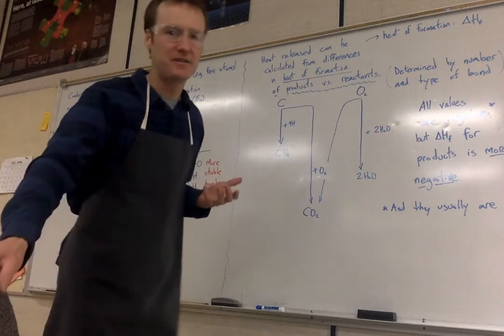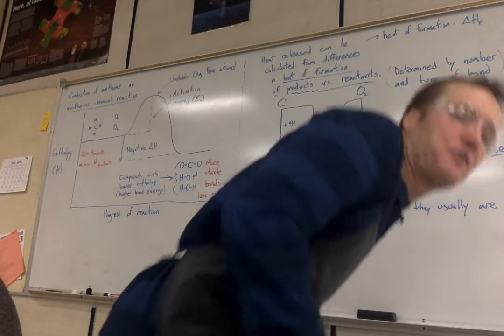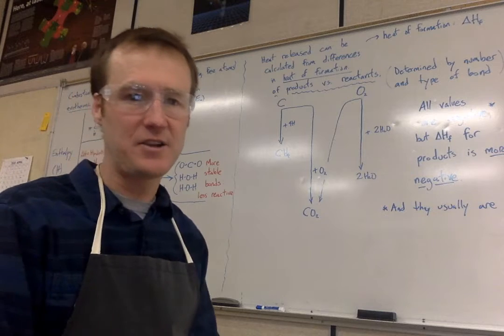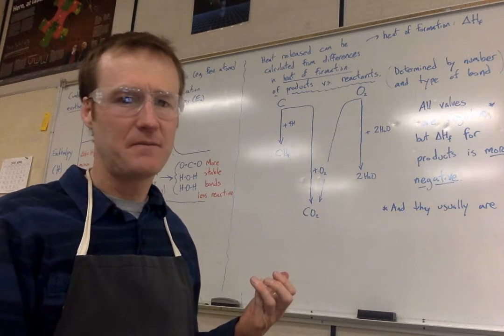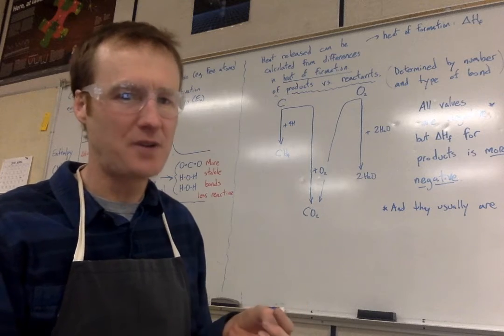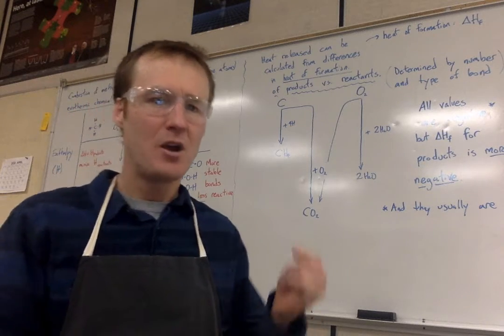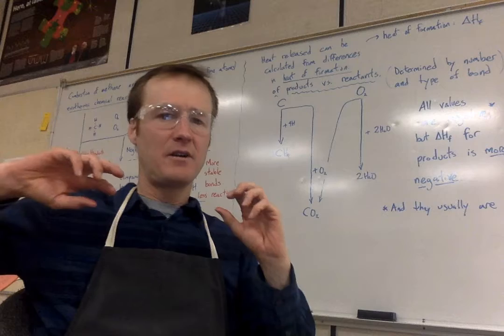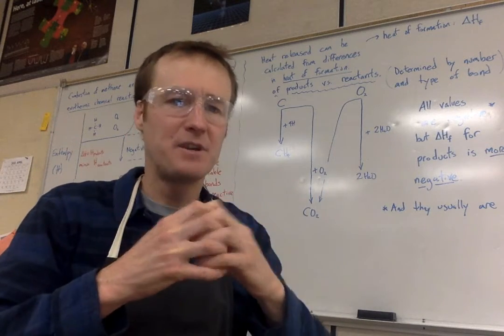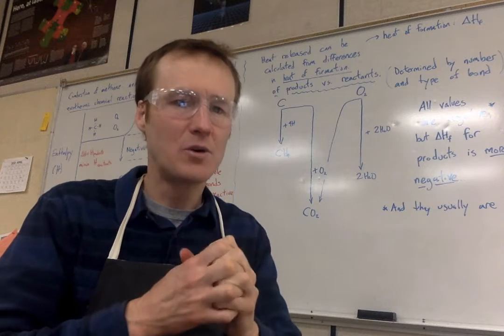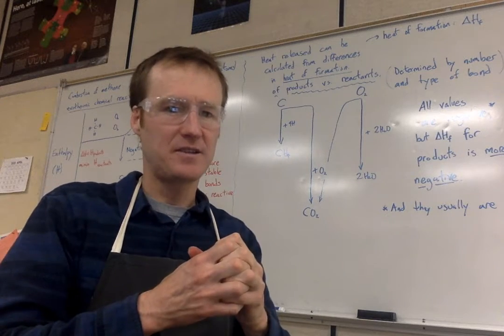All of the values in this case are negative. Heat of formation, delta HF values, are almost always negative. There are a few exceptions, a few of them are positive, but most of the time, when you're taking atoms of the pure elements and combining them to make compounds, energy is released.